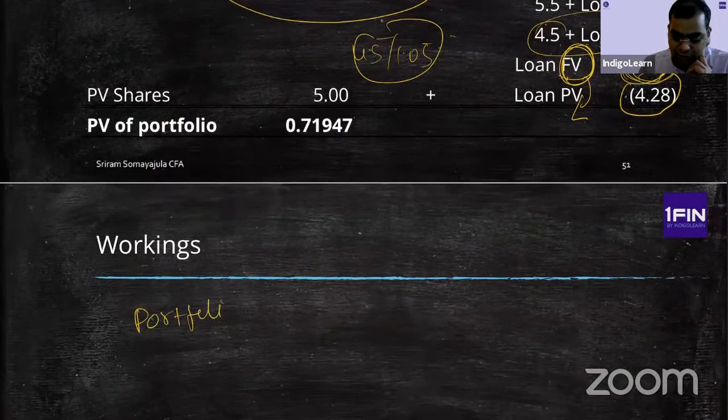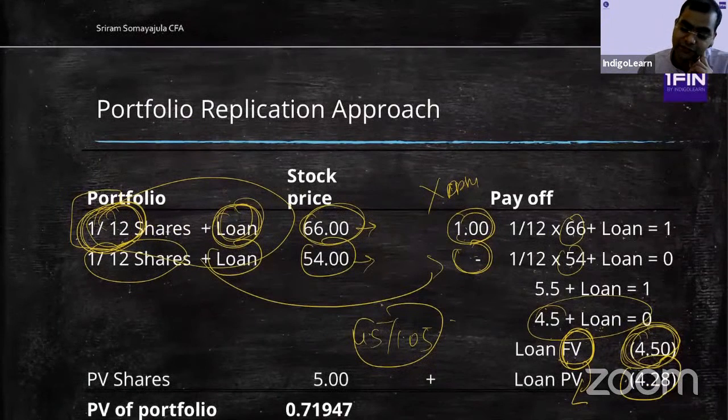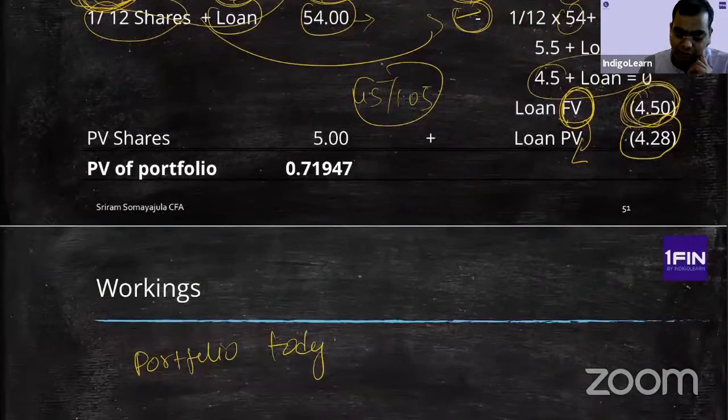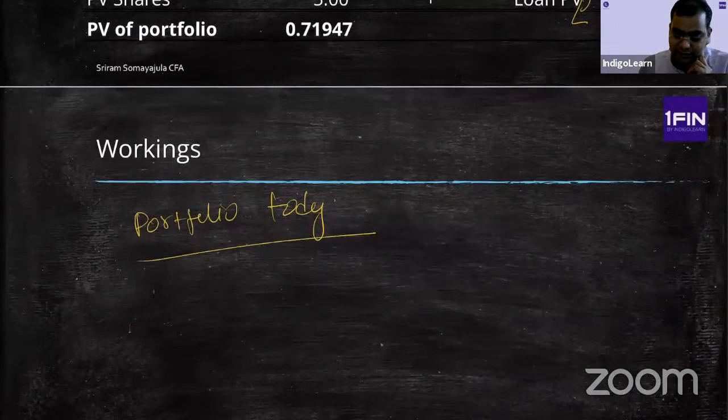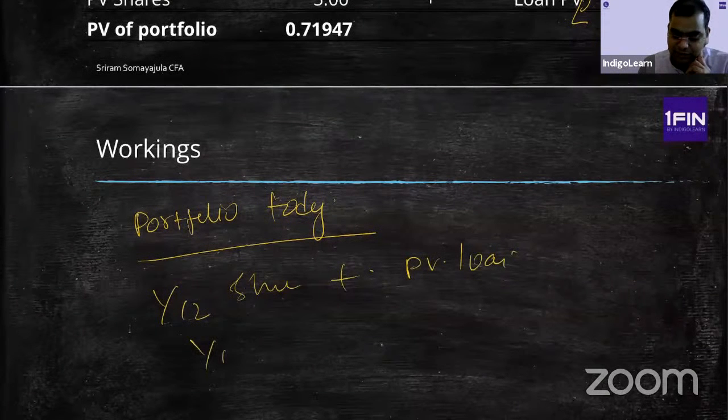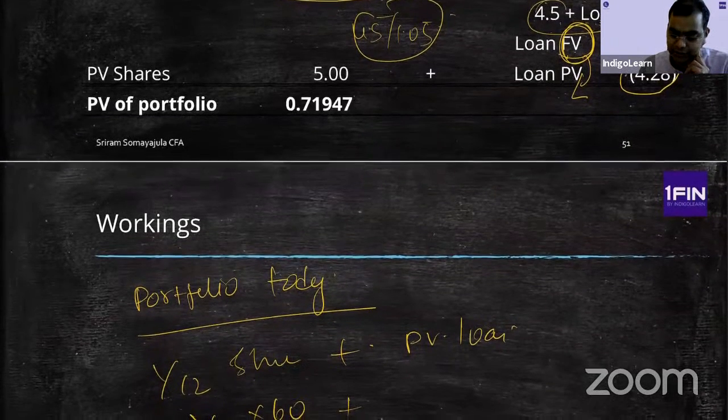See, this 1 and 0 is on a future date. You want these payoffs on a future date. Today, what is the value of the portfolio? 1/12 of shares plus present value of the loan. What is 1/12 of a share? 1/12 into 60, where 60 is the current spot rate, plus present value of the loan. We found that out to be 4.28.